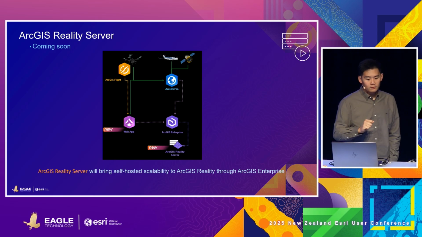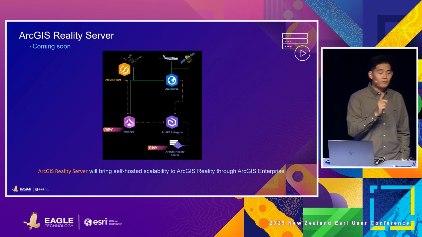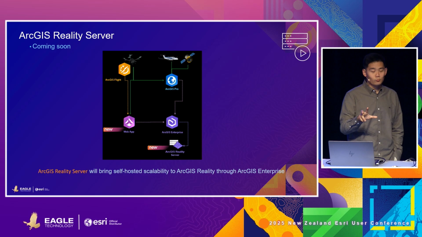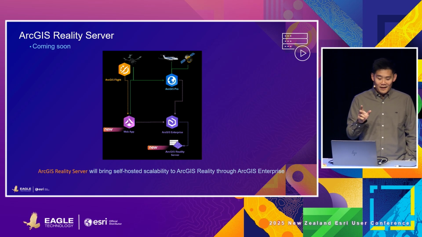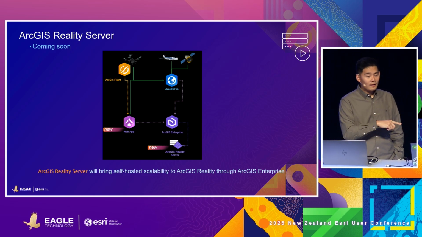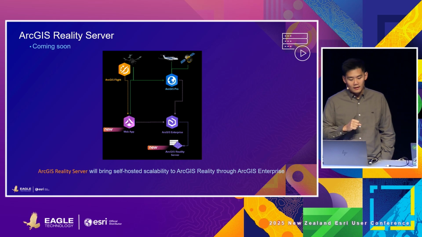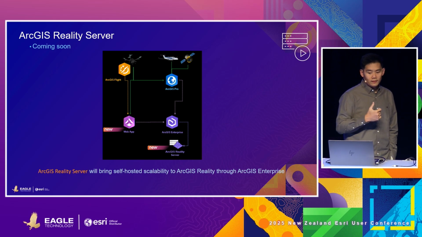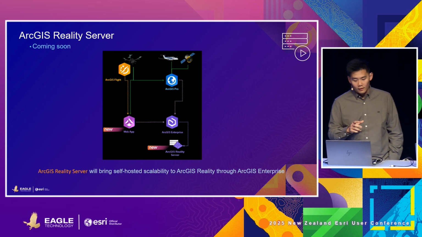ArcGIS Reality Server is also coming soon. I've asked Jess, and she said I can have one slide to talk about it, but I think she will share more details with us in the road ahead. So ArcGIS Reality Server is coming to Enterprise soon.